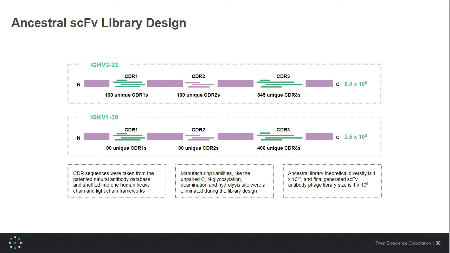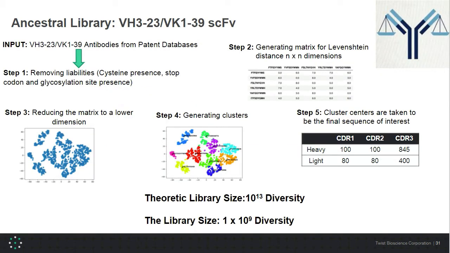So how did we come up with those sequences that are in the library itself? Again, our input were VH3-23, VK1-39 antibodies from the patent databases, which we chose as scaffolds because many of the approved antibodies on the market today have those fully human germlines.